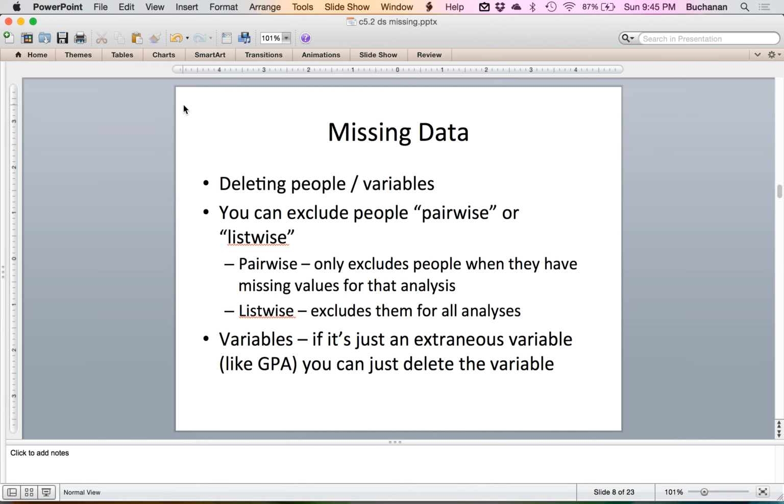Listwise is a little easier, but pairwise is a little bit more powerful. If you have a variable with lots of problems, you might be able to exclude it. So for example, we're trying to publish a paper on peer-assisted study, and we decided to control for the sort of smart kid factor, that the higher achieving students are more likely to go to peer-assisted study than the lower achieving students. And so we had high school GPA or high school rank or ACT scores.